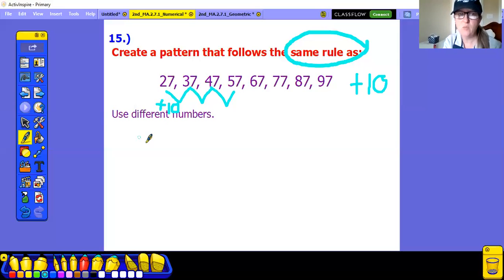So let's say we started off with the number 15. Now the rule says add 10. So if we're going to add 10, think, what is 15 plus 10?